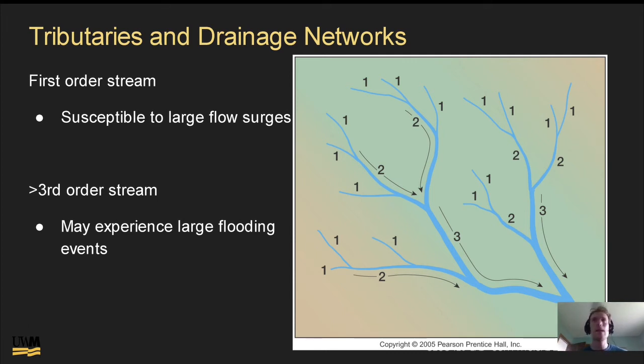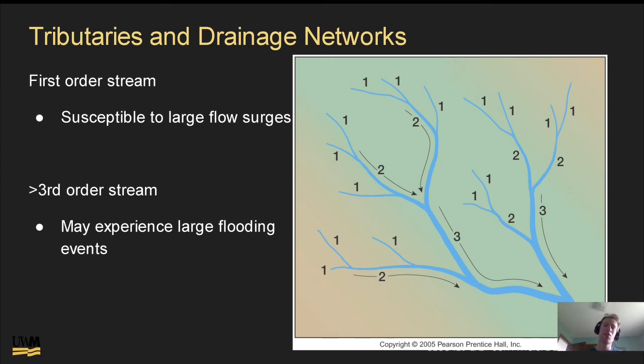So what this means, if you have a very significant rain event, you may have a few days of really heavy rain. There are going to be really high flow surges in these first order streams right away. But as that water works its way up the orders, this may take hours or days. Then there are going to be large flooding events because there's so much volume flowing very quickly into these high order streams.